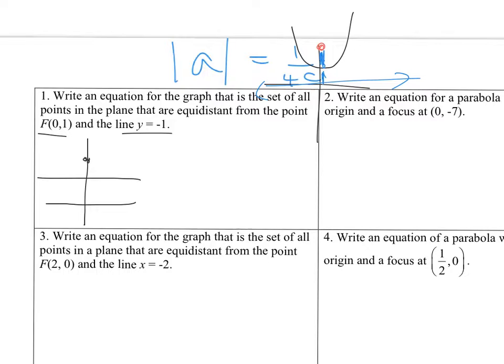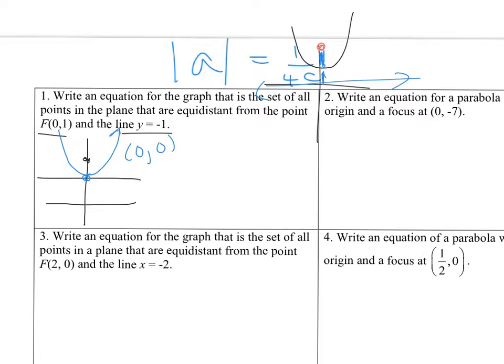So this has to be a parabola that opens up and down. The vertex has to be halfway in between, so the vertex has to be at (0, 0).